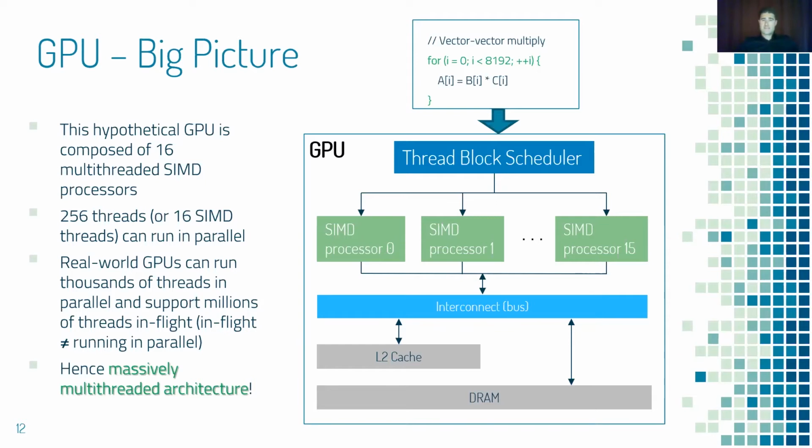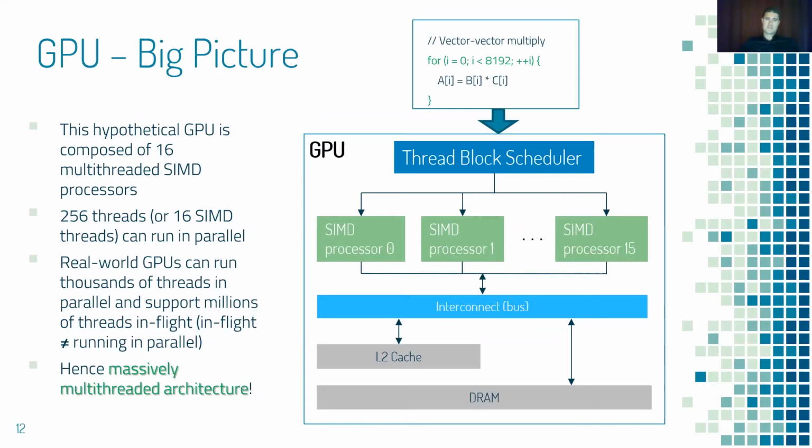In this case, there are 16 SIMD processors within the GPU. A SIMD processor has a local, private L1 cache, and all SIMD processors usually share an L2 cache within the GPU. Of course, they also have access to display RAM, which is just an external memory.